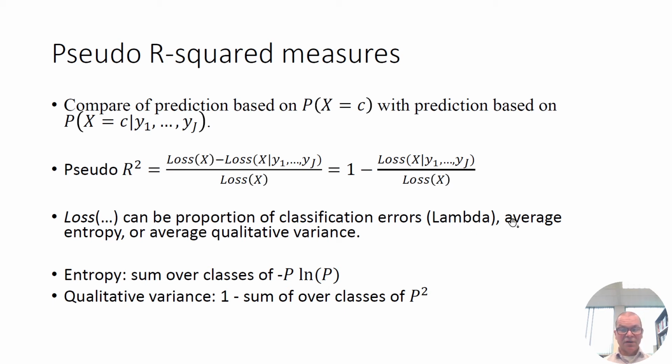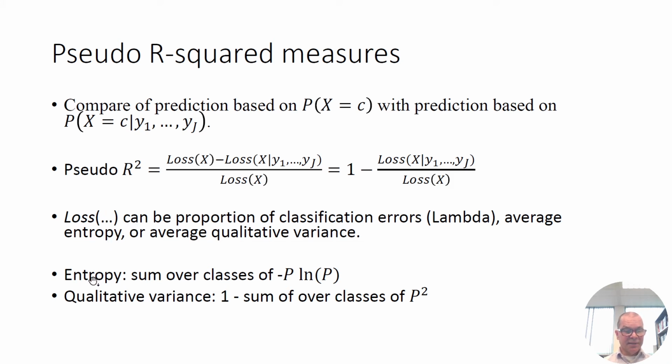You can also use as a loss a quantity called entropy, the average entropy, and I will explain in a minute how that looks. And you can also use the average qualitative variance. There are other loss definitions that you could use, but those are the three implemented in LatentGOLD for this purpose.